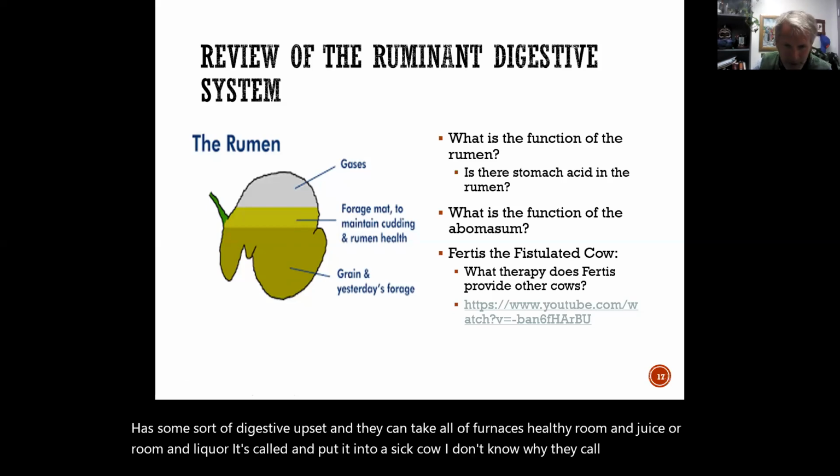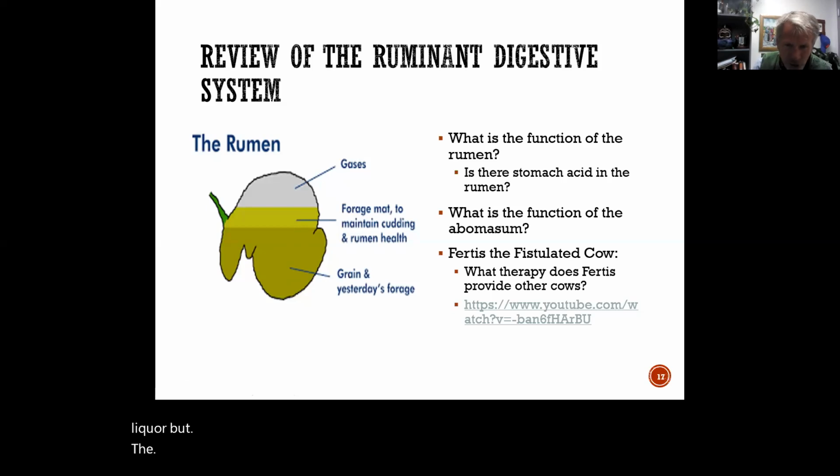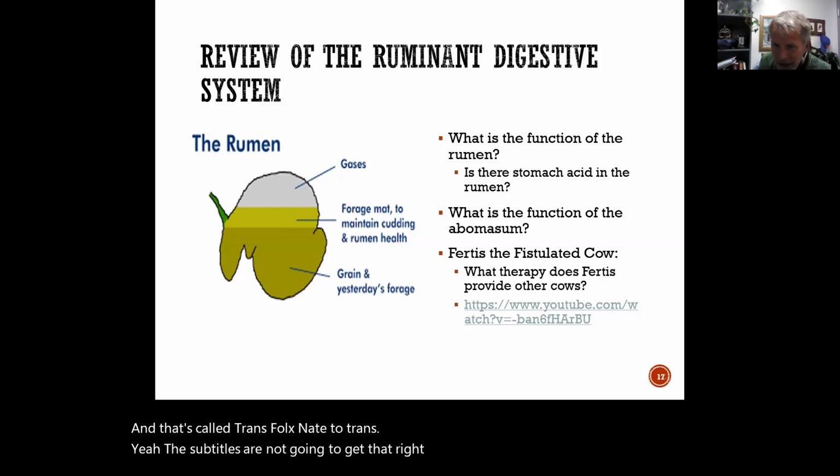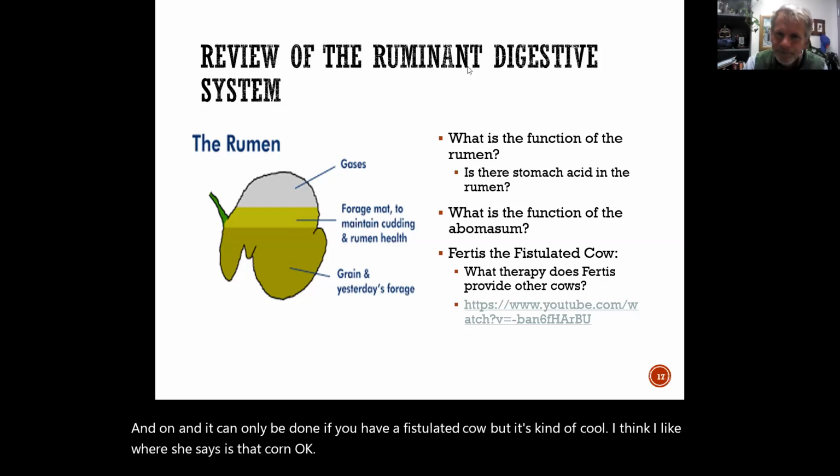It's not liquor, but that's called transfaunation. The subtitles are not going to get that right, but it can only be done if you have a fistulated cow, and it's kind of cool, I think. I like where she says, "Is that corn?" Okay, so moving on.